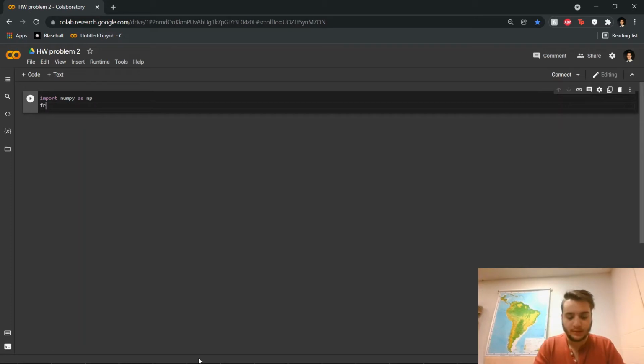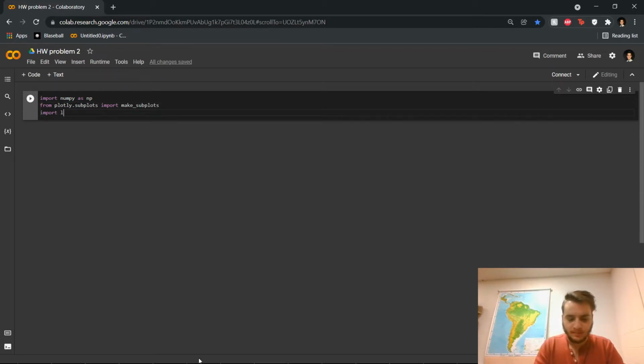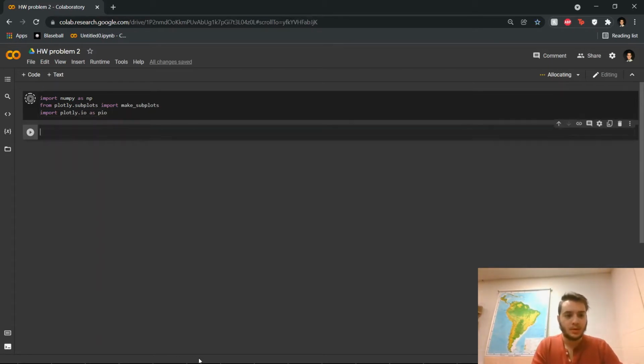Then it is from plot, and make sure that worked.